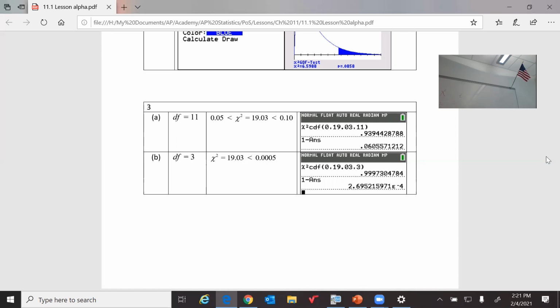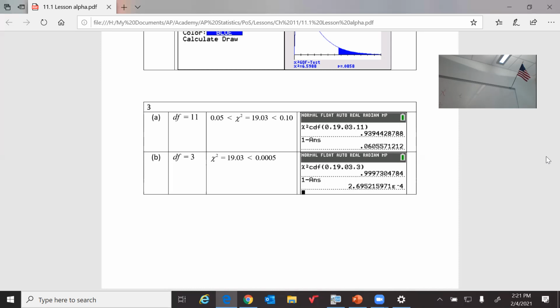And that's what I did here. Now look at this. I went from 0 to 19.03, 11 degrees of freedom. That gives me 94%. One take away that is 6%. You're going to do something different. You're going to type this.